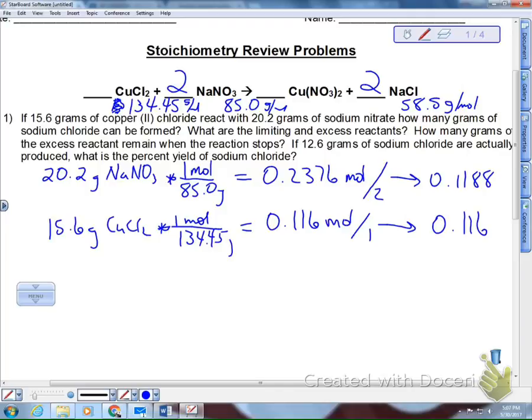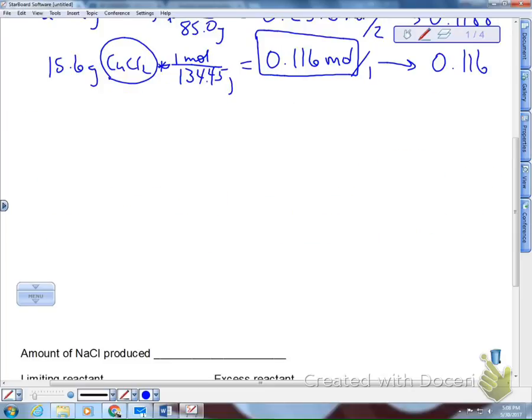Extremely close, but the 0.116 is a smaller number, and it's important to recognize that this amount is the limiting reactant, 0.116 moles of the copper 2 chloride. Once we know this limiting reactant, that is the most important piece of information. That will be the starting point for everything else we do.